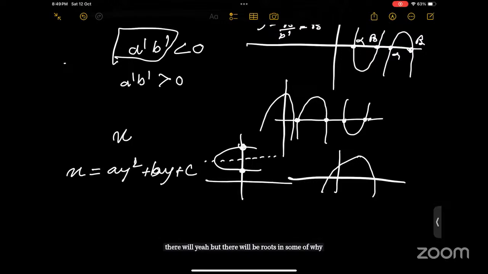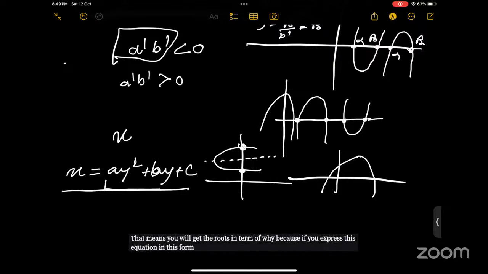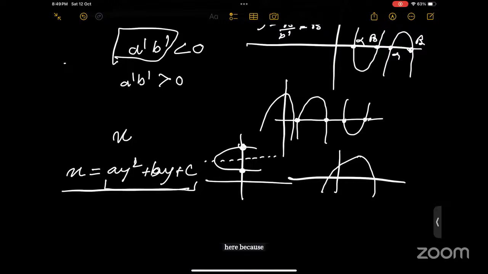That means you will get the roots in terms of y, because if you express this equation in this form, then we are basically getting a quadratic equation in y instead of x. Because we are talking about a quadratic equation, we are just changing the variable, and here our real variable is y.